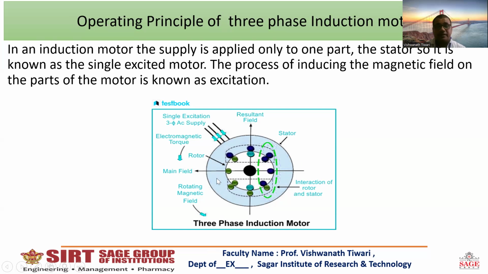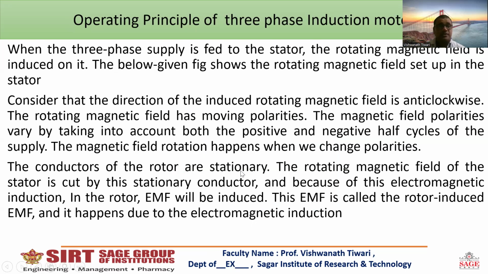This magnetic field links with the rotor windings and produces a torque, which is equal to force times perpendicular distance, and is responsible for the turning movement of the rotor.